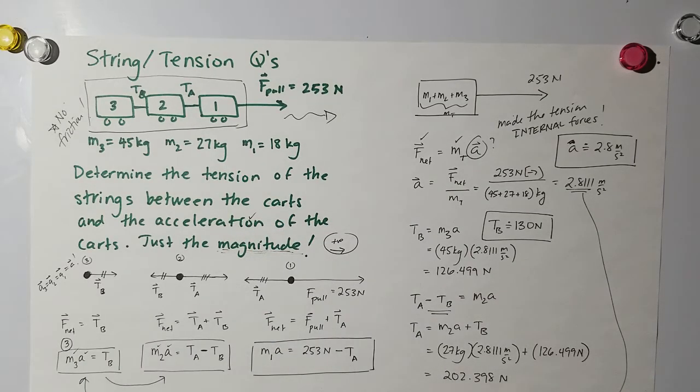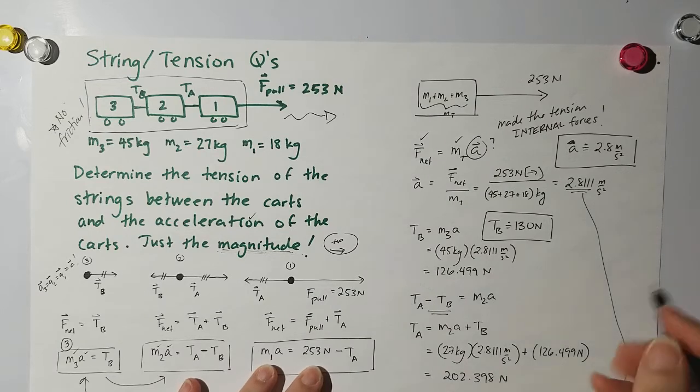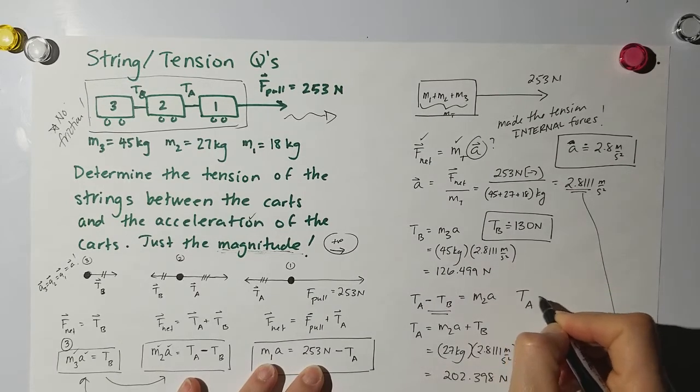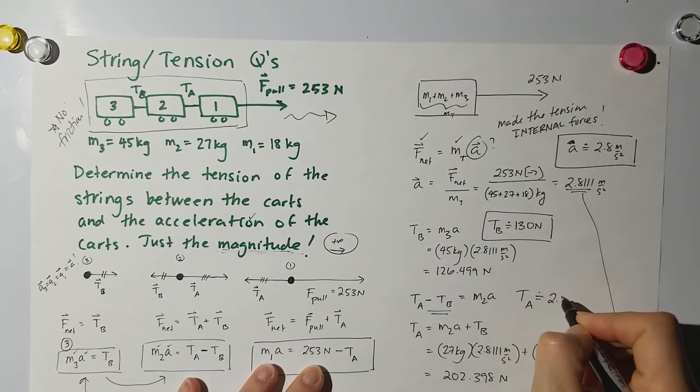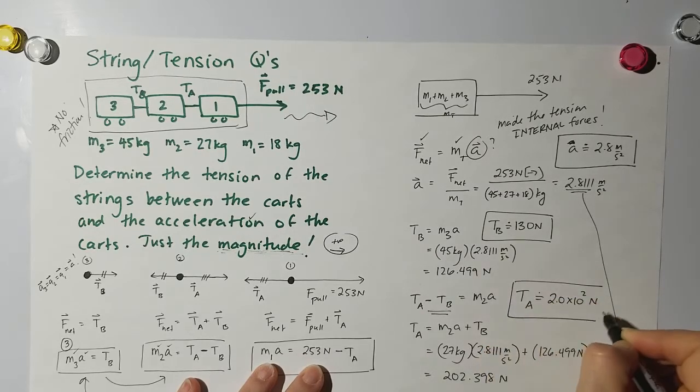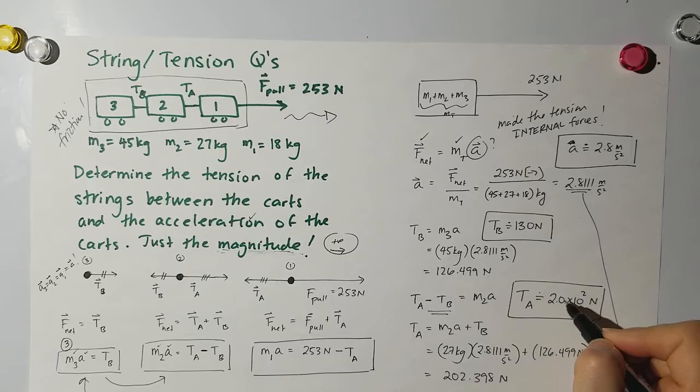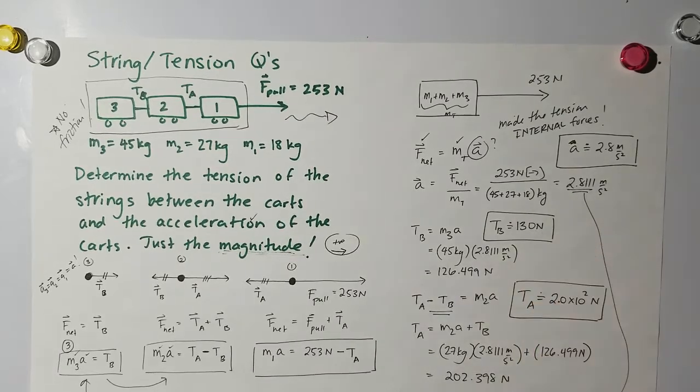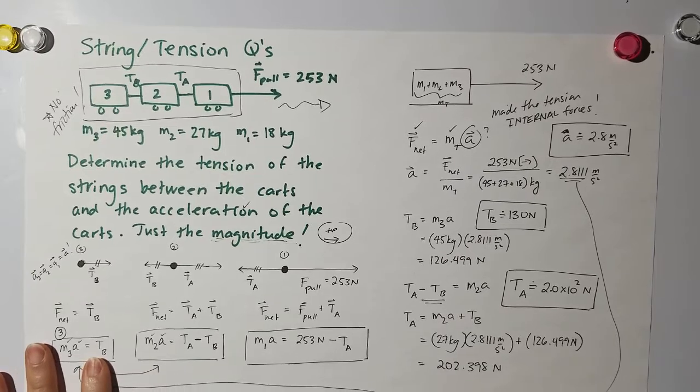But you're going to round that to two significant digits, okay, so tension A is going to be approximately 2.0 times 10 to the power of 2 newtons. If I had just written 200, that'd only be one significant digit. So if I'm being super picky here, which I should, all right, there is the question in its finality.